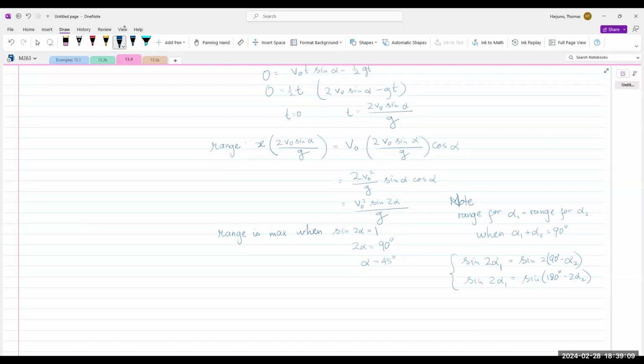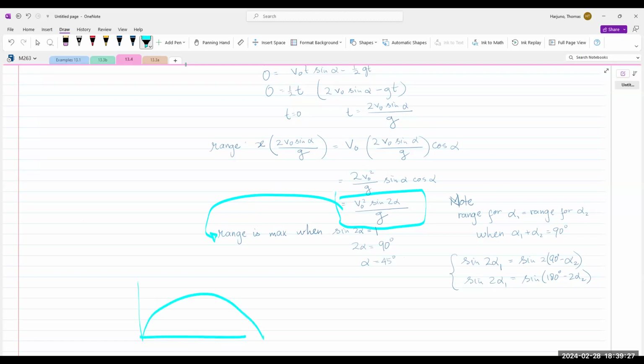Notice that from this one formula only, we can now tell when that will give us the maximum range. And if you throw it at an angle other than 45 degrees, you can reach the same range. Let's say you throw it at 50 degrees, you will reach the same range if you throw it at 40 degrees. Interesting, huh?